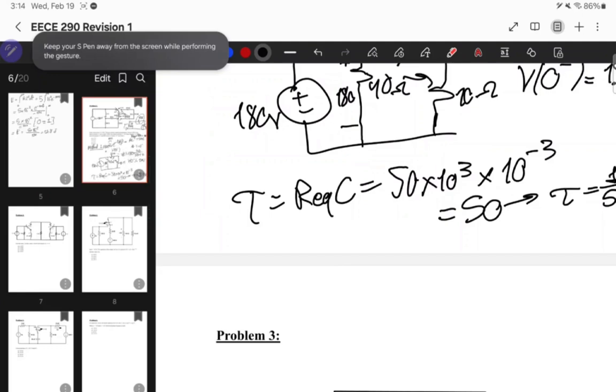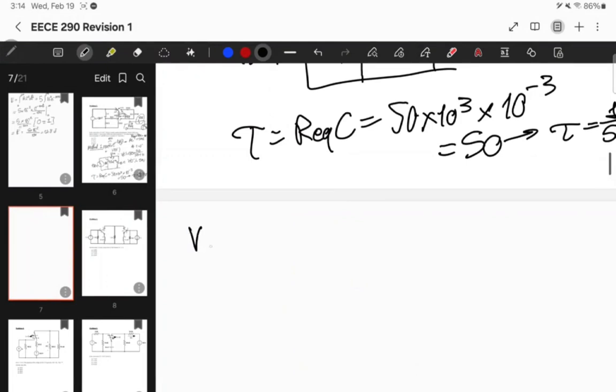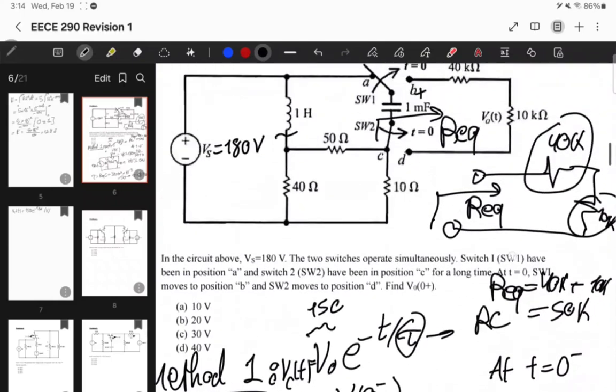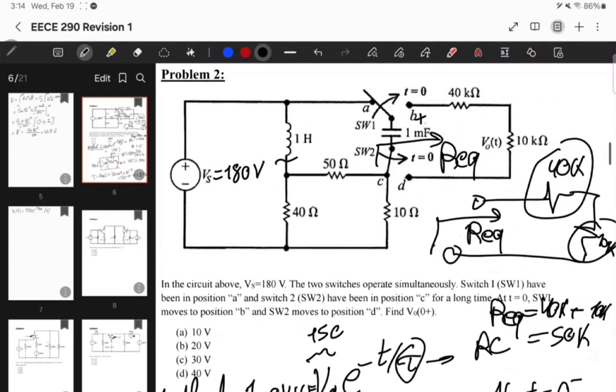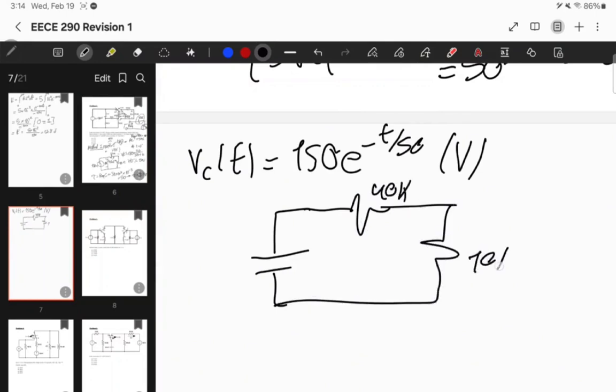Okay, so let's add another page. So Vc at t is equal to V0 minus, which is 150, exponential minus t over 50, in volts. Now I can do a voltage divider, because I got the voltage across this capacitor, and find this voltage in here. So the circuit looks like this: I have this capacitor, this is 40 kilo, this is 10 kilo, and this is plus minus Vc at t, which I calculated just now.